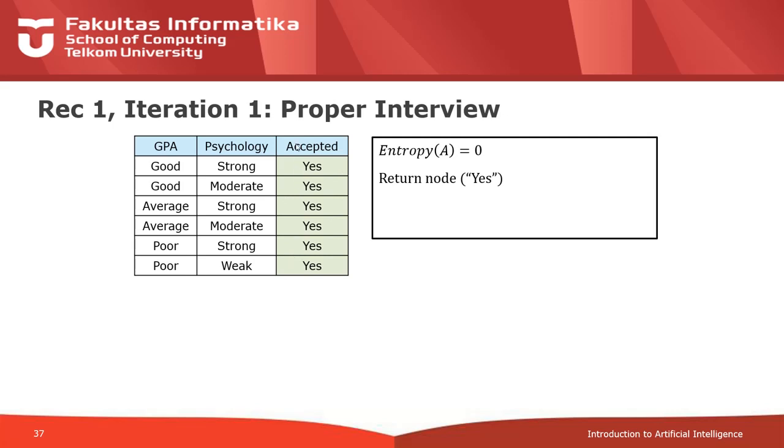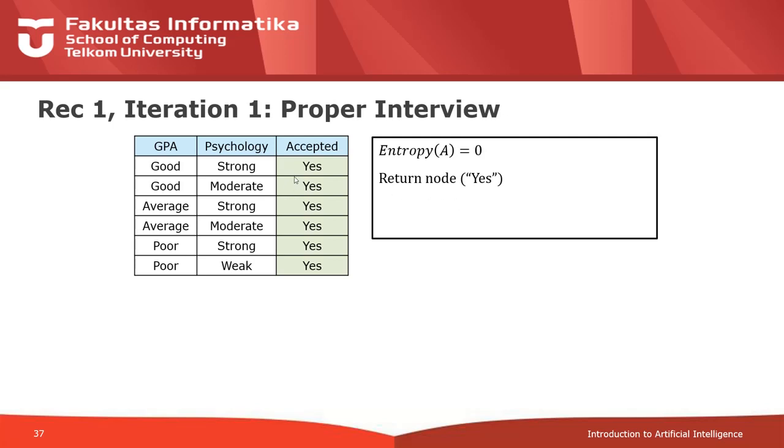But in this case, in the smaller table, not in the original dataset, but in the smaller table that has already been split. Now, if you can see here, all of them are yes. So if you remember the definition of Shannon entropy, if all of the values are homogeneous, that means the entropy is 0. So even without using the formula, you can know that the entropy of accepted here is 0. And if you use the formula, it will still be 0.